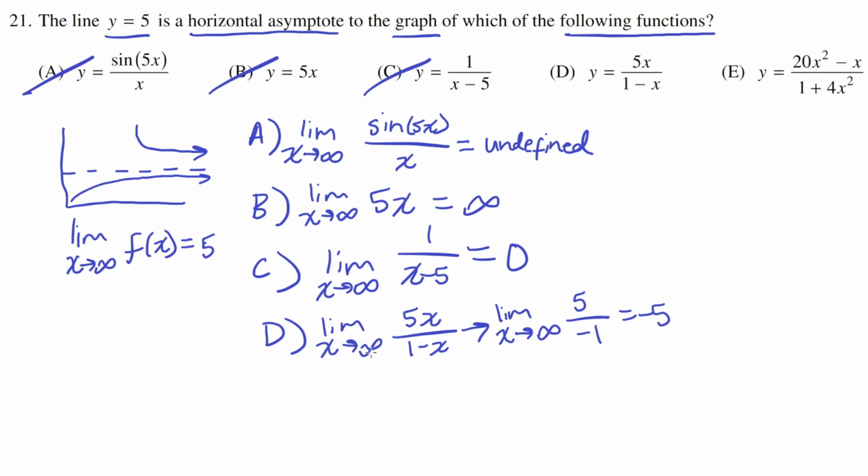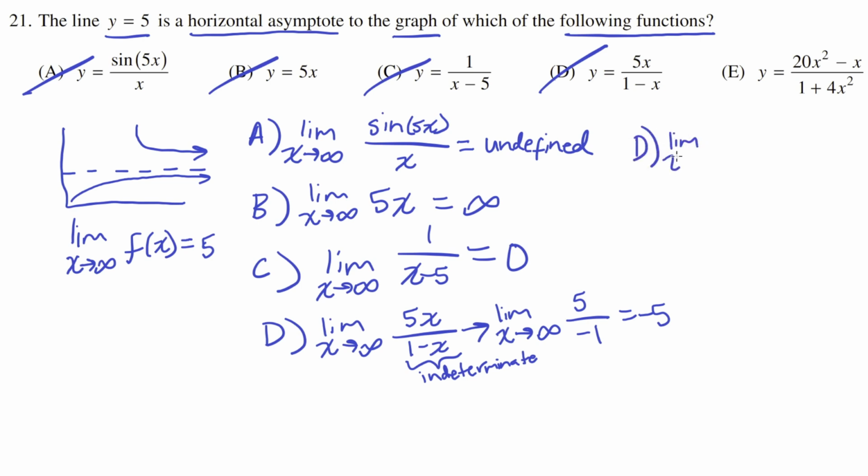So after applying L'Hopital's rule, since in this form it's indeterminate, the function approaches -5 as x approaches infinity. So this function cannot have a horizontal asymptote at y equals 5, because it approaches -5 instead.